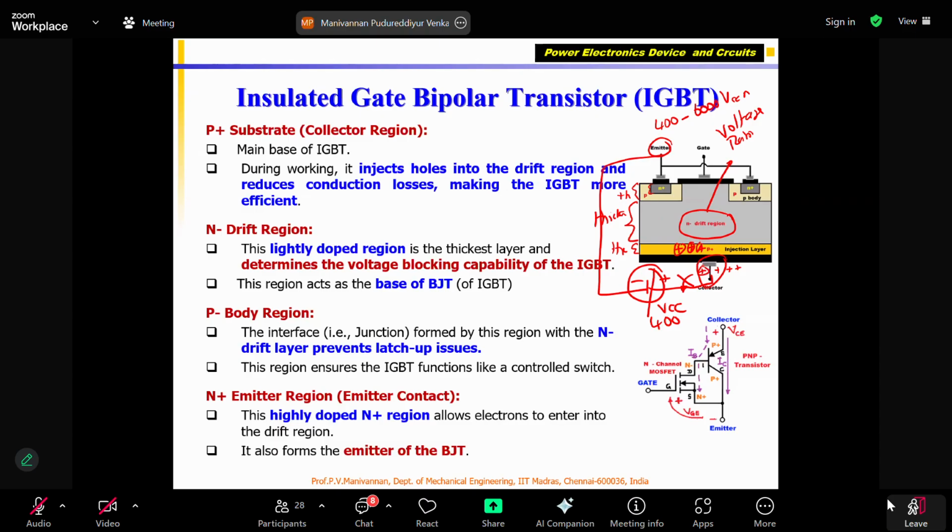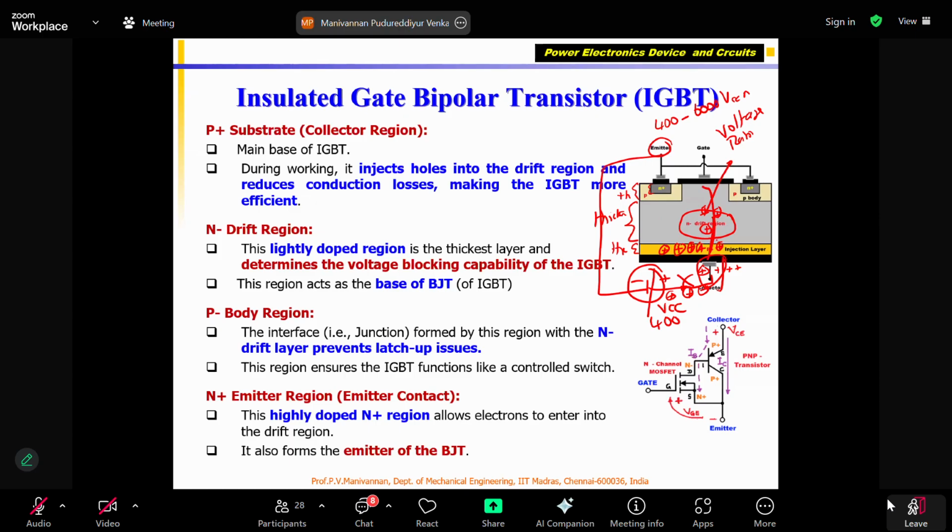Inside your injection layer, which is P plus, you already have positive charge. If positive charges come near another positive, they repel. So this positive charge coming from my battery's positive terminal will push the holes already there into the drift layer. These holes will be pushed like this.